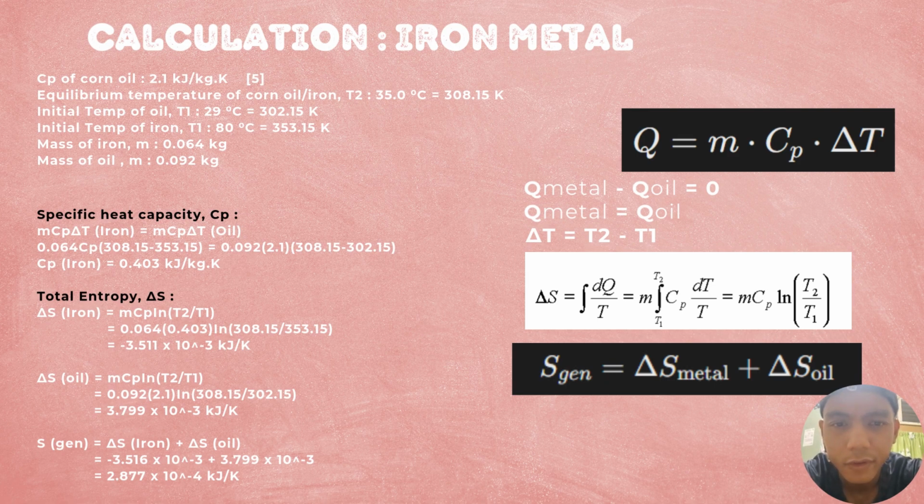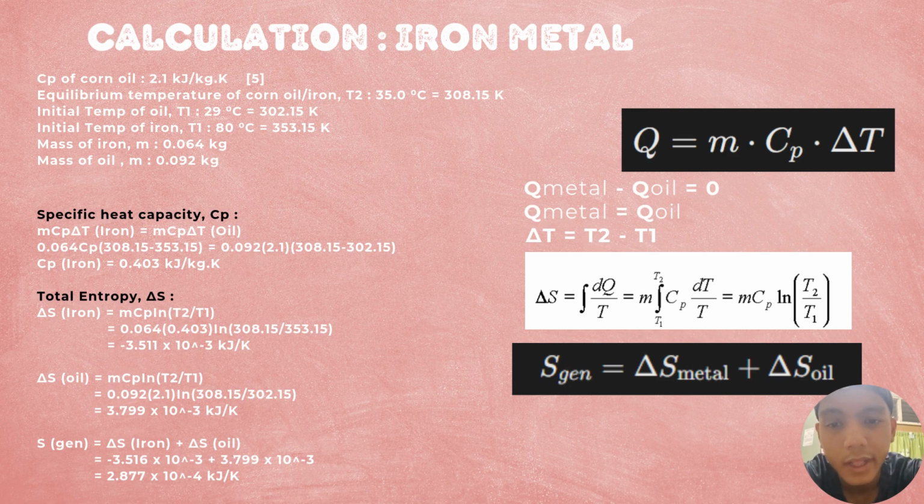And then for total entropy delta S, by using the same formula and same method, same step, we can get the delta S for iron is negative 3.511 times 10 power of negative 3 kilojoule over Kelvin.